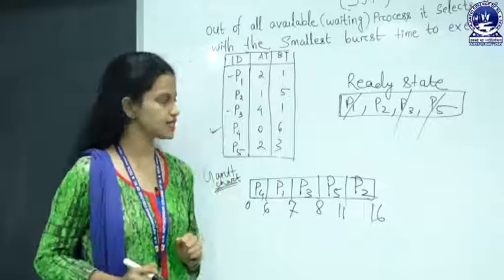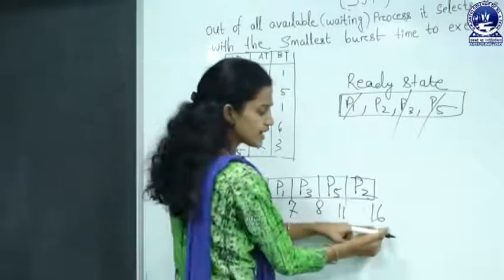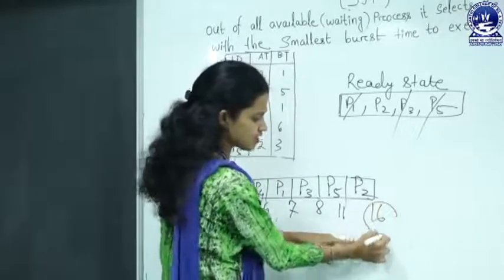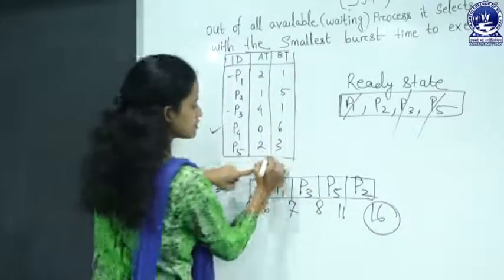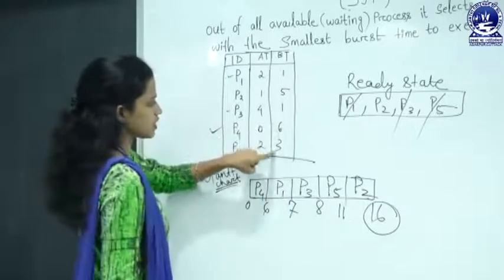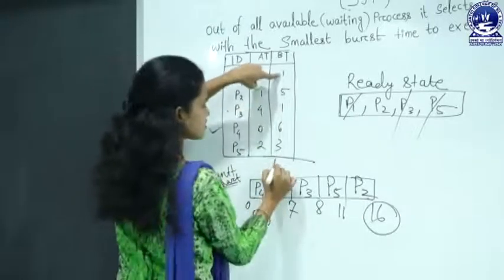So in this case, the final execution time, that is 16, is equal to the sum of the burst times. See, 6 plus 3, 9, 10, 15 and 16.